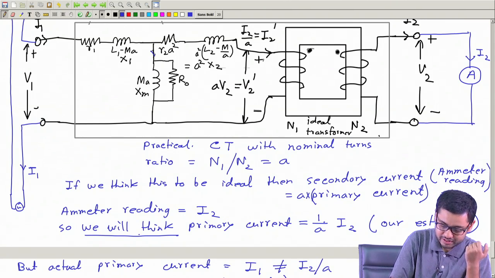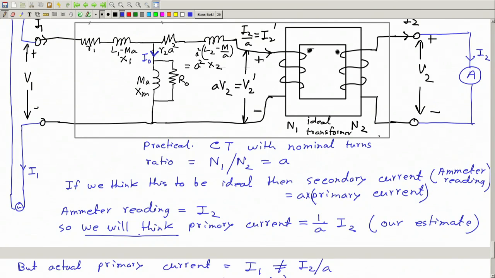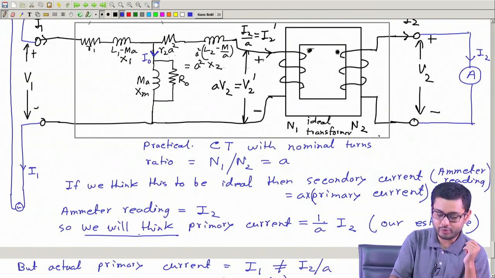If I call this current I0, also called the no load current, and some current is getting bypassed through this branch, then I1 and I2 by A are not equal.